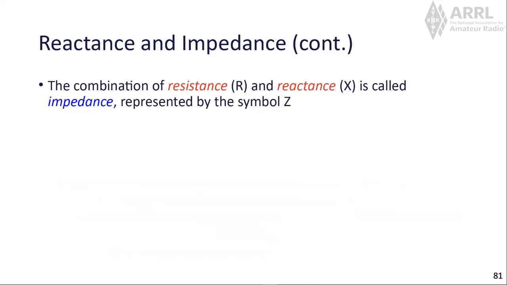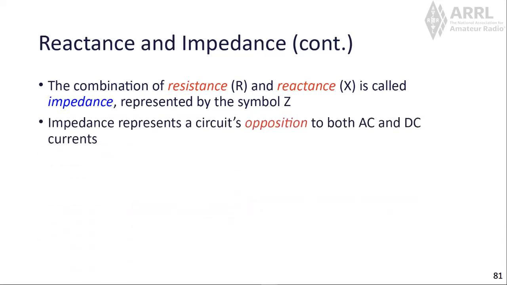The combination of resistance and reactance, in other words, measuring them both together, is called impedance, and that is represented by the symbol Z. Impedance represents a circuit's opposition to both the AC and DC current.